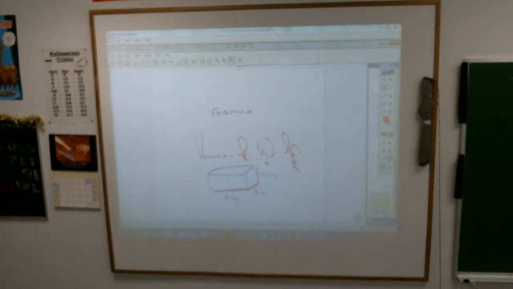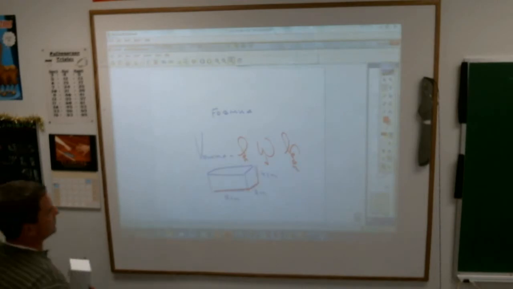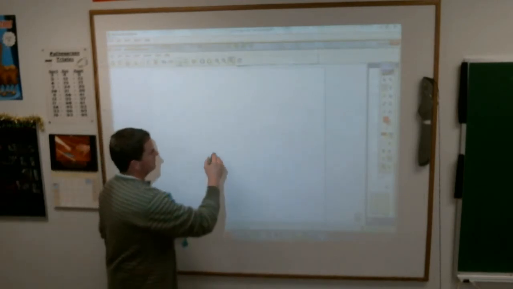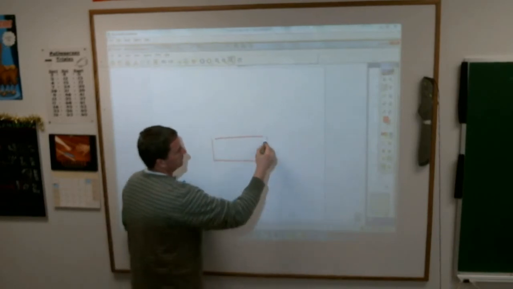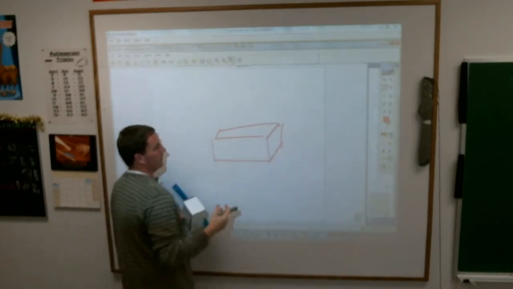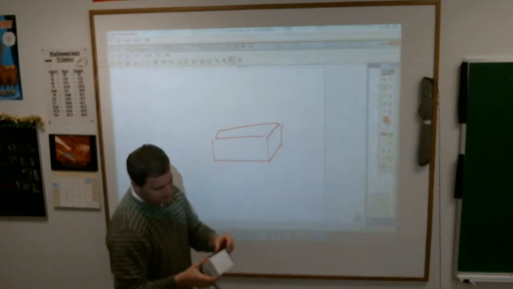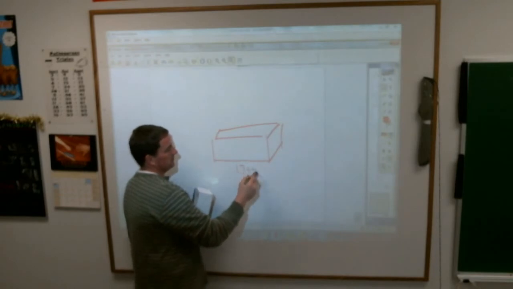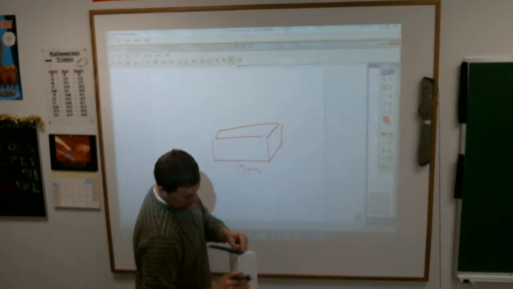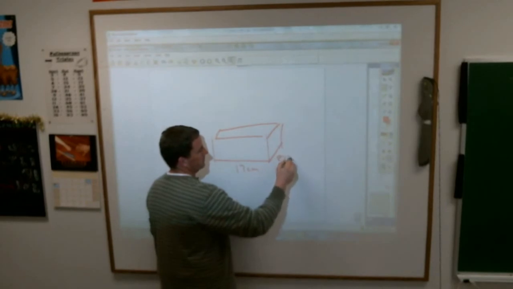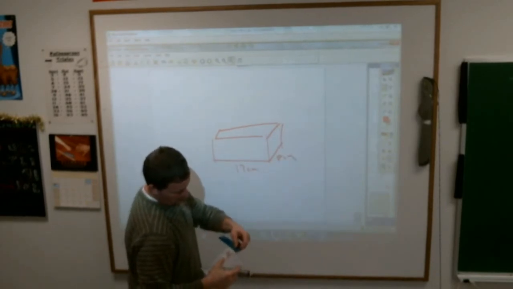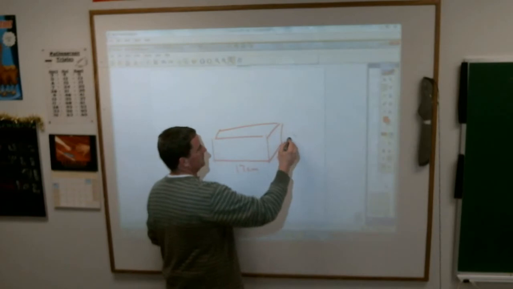If I had something else, if it was this box, does somebody have a ruler with them right here, real fast? If I wanted to know how many cubic centimeters this little box was, I would measure it in centimeters. This box is 17 centimeters by 8 centimeters by, let's just say 9 centimeters tall.